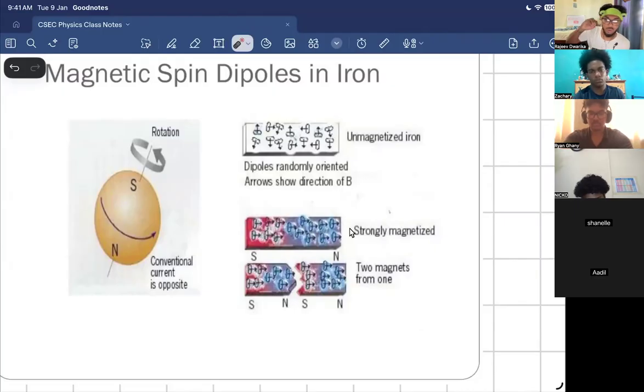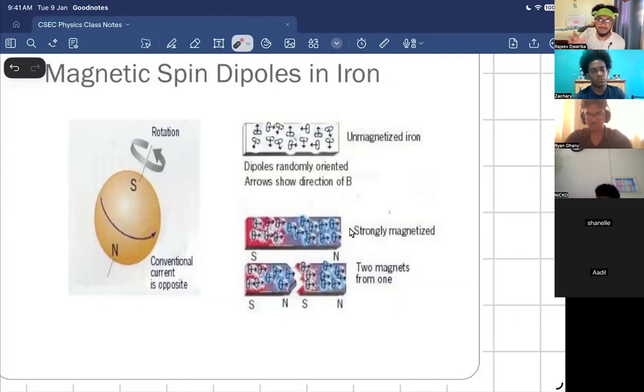So Ryan, when the molecules start to gain energy and they start to vibrate, do you think they'll stay aligned or do you think they'll start to disalign? They will start to disalign. Exactly, and if they start to disalign and become randomly oriented, what would happen to the magnetism? They would get weaker. Yeah.